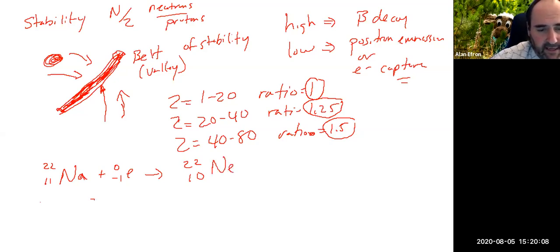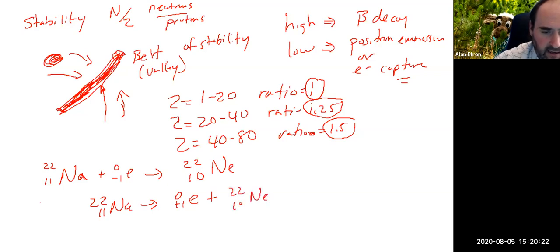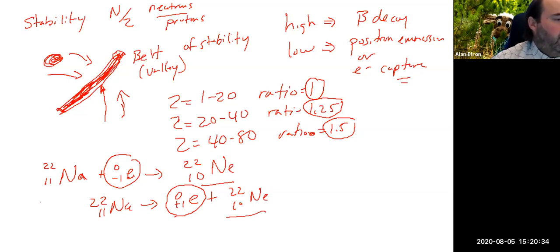And if we did our same 22, 11, and we did a positron emission, that would also give us 22, 10, and neon. So this is what I was saying before. This is our positron emission, our electron capture. You can see the end result of both of those is the same, so you could do it either way.